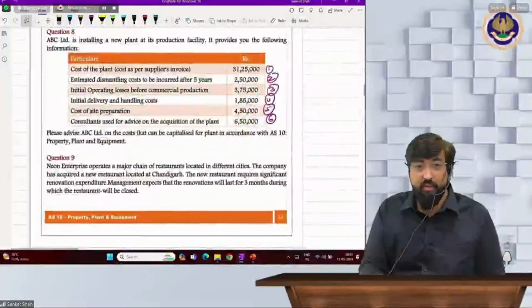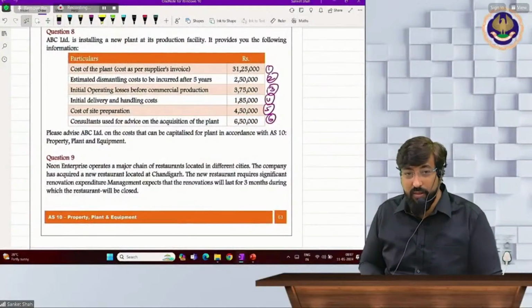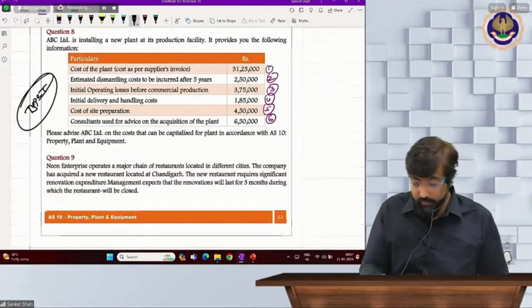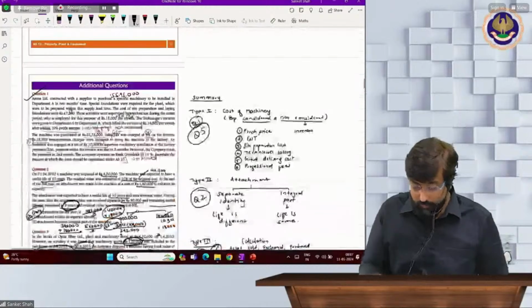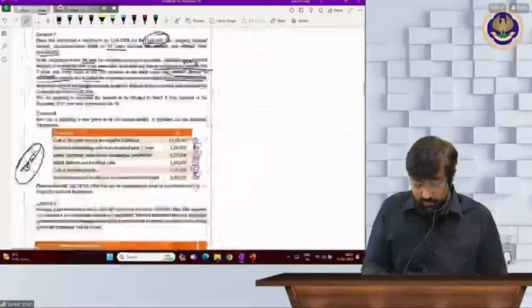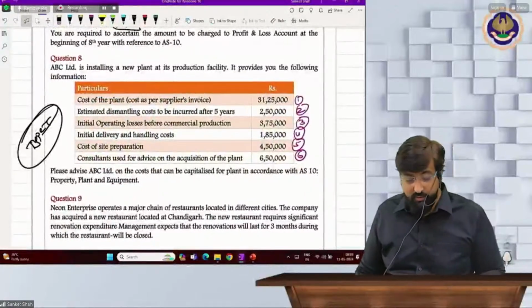Try to solve question number 8. Tell me the answer. This is a type 1. Tell me the answer. Chalo, fast. Type 1 question. You are already aware of this answer.